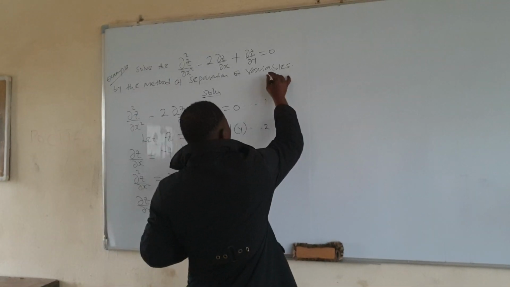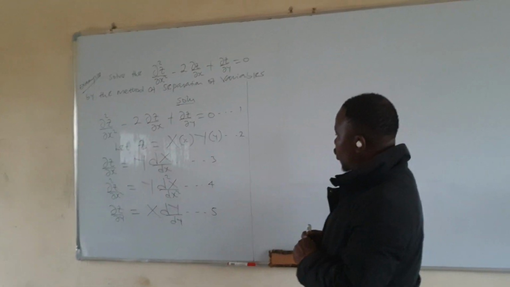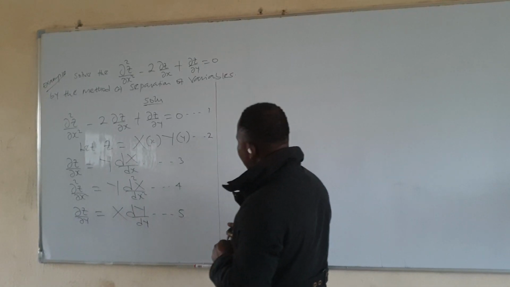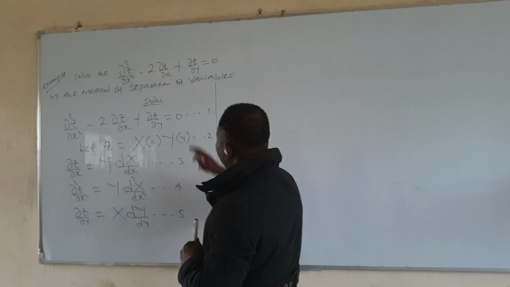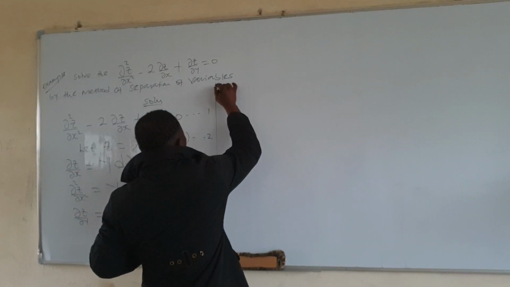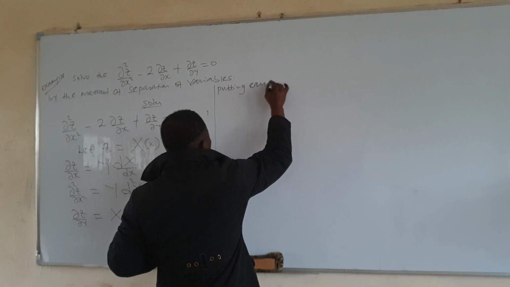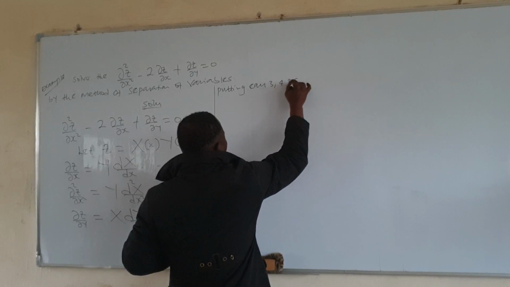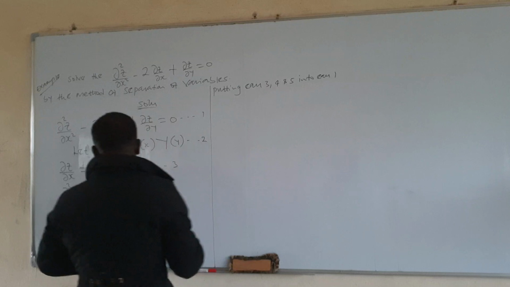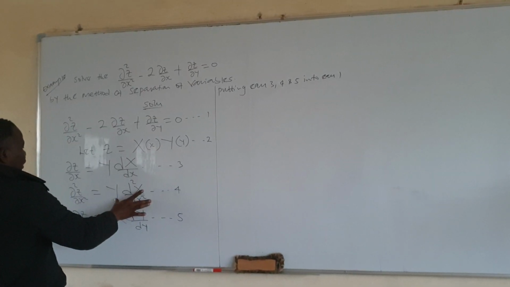Then what we need to do is substitute equations 3, 4, and 5 into equation 1. Is that clear? Putting equations 3, 4, and 5 into equation 1, anywhere we see this, we write this.